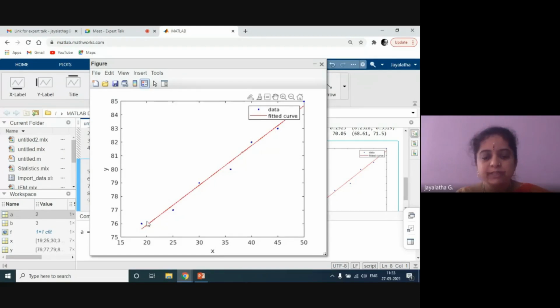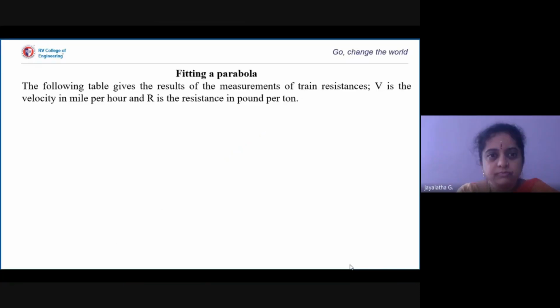The red line is your fitted curve, which will follow the method of least squares. The vertical deviation of each fitted point from the actual point should be minimum. It follows the principle of the method of least squares, and this is done. At the back end, what works is your method of least squares.